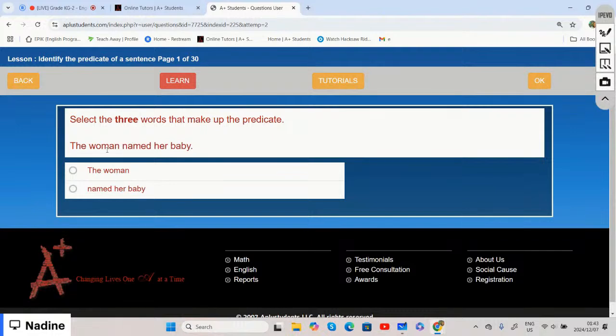It says we need to select three words that make up the predicate. It says the woman named her baby. So is it option one, the woman, or option two, named her baby?